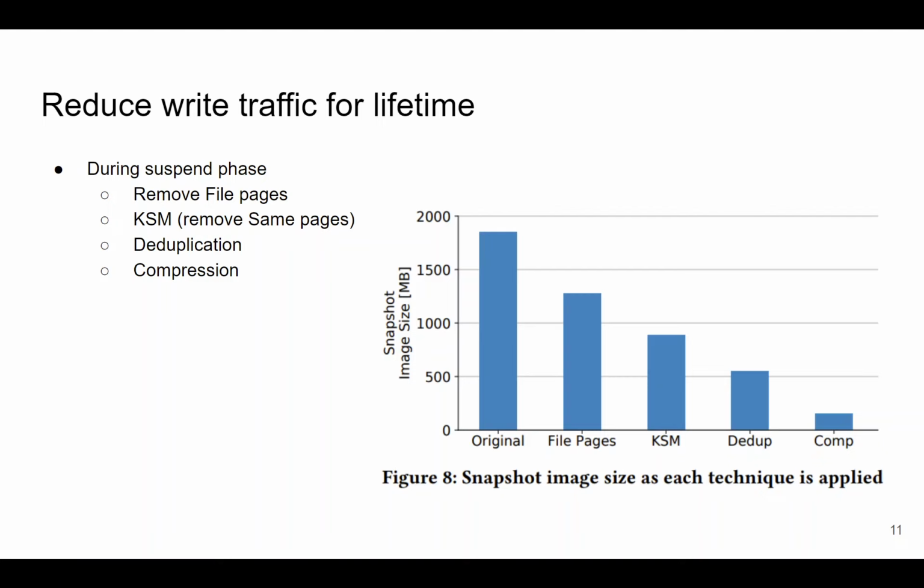Second, to eliminate duplicate pages of the image, kernel same page merging is conducted. Third, to reduce write I/O requests, inline deduplication is performed. Finally, the remaining pages are compressed. As a result, the final write traffic decreased by nearly 91.8% from the original size.